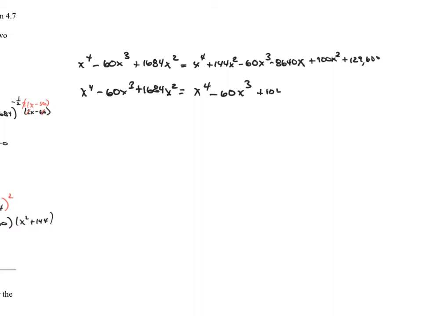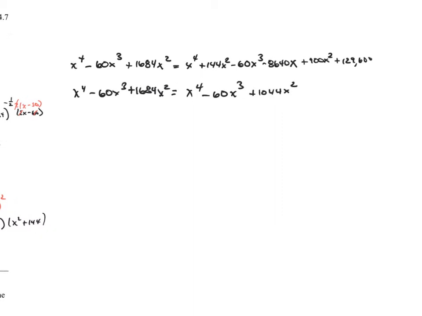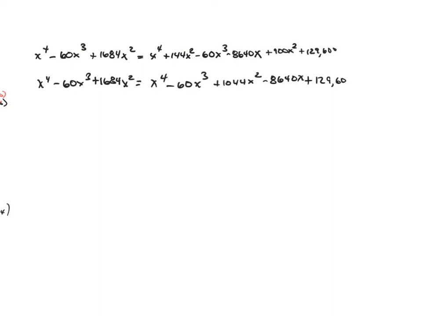And then it looks like I have my minus 8640x. And then my plus 129,600. Whew. Set this thing equal to 0.